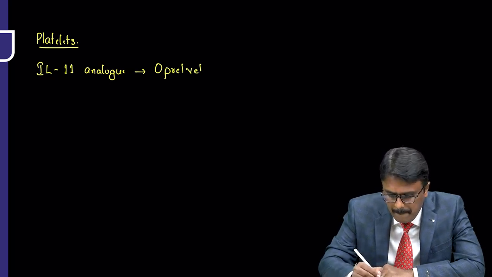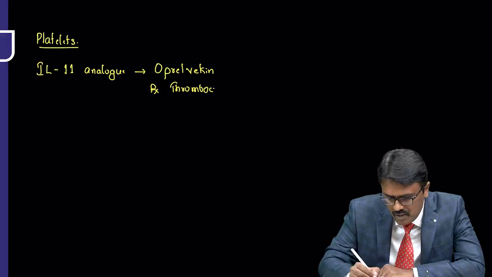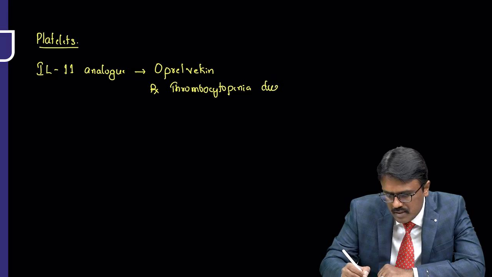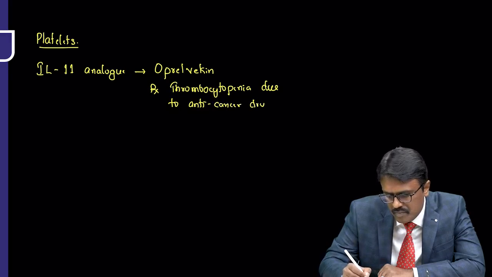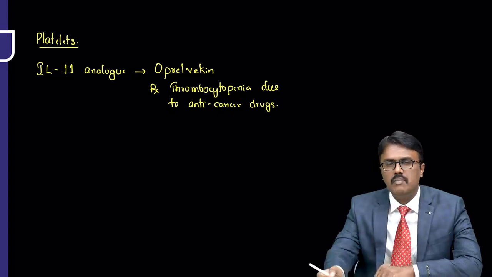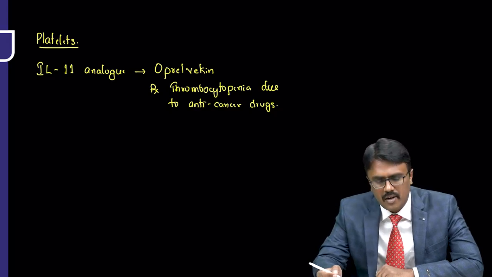Oprelvekin, and we use this oprelvekin to treat thrombocytopenia due to anti-cancer drugs. So the name is oprelvekin. It's an interleukin 11 analog which can increase the platelet count.